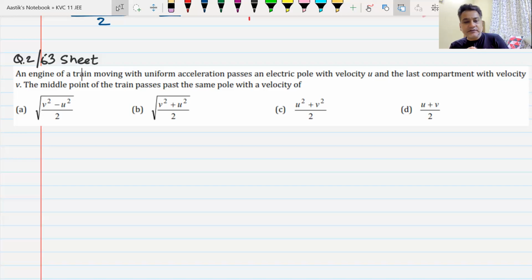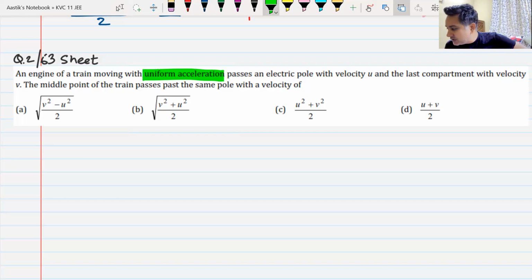An engine of a train moving with uniform acceleration passes an electric pole with velocity u, and the last compartment passing with a velocity v. The middle point of the train passes the same pole with how much velocity? Remember, this question is of uniform acceleration, which is mentioned in the question. The engine of the train passes with velocity u.